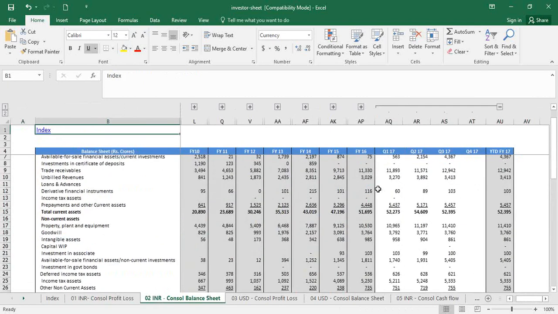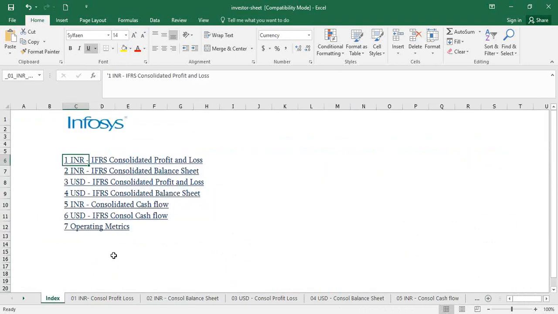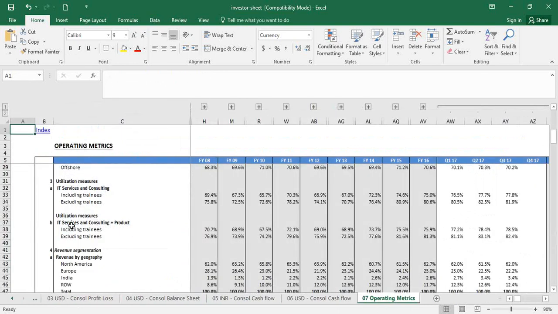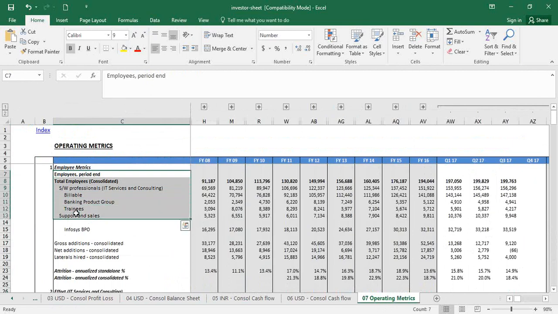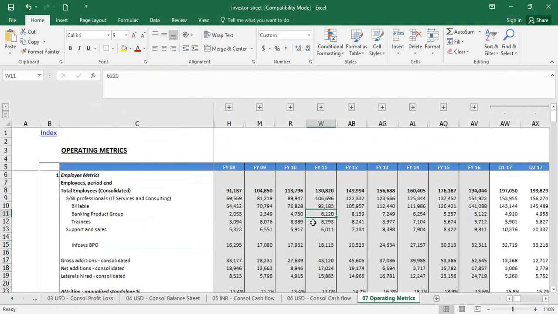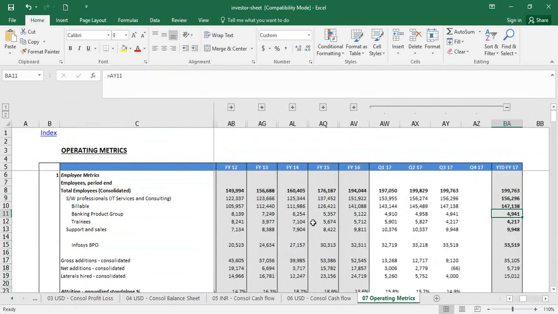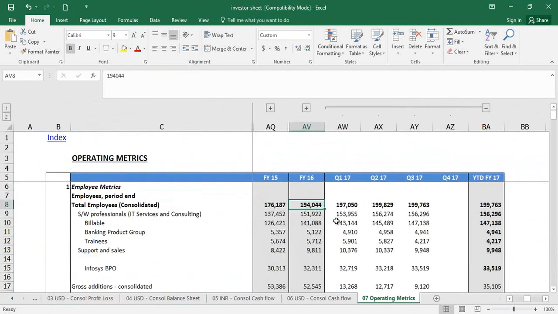Consolidated balance sheet, all the data is actually available here, right? But anyway, we simplified it and we worked on that. We're now looking at operating metrics. When you click on operating metrics, you see the total number of employees available here. They have given the breakup of two or three things. When we look at the previous year, you find this 194,044 number is what we just plugged in.